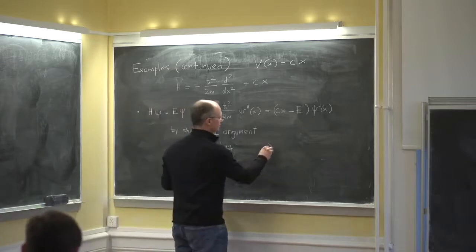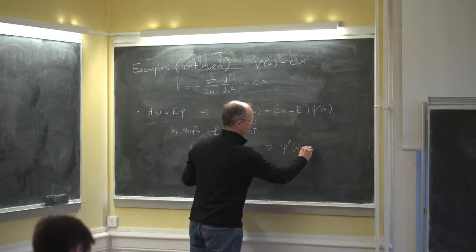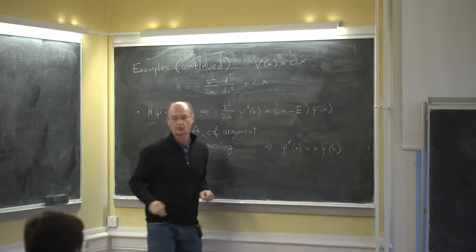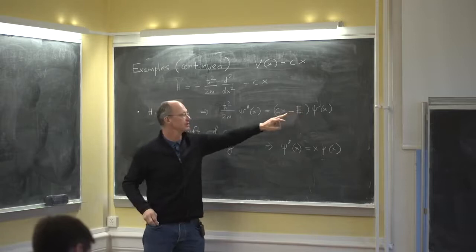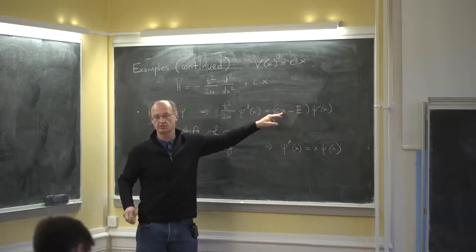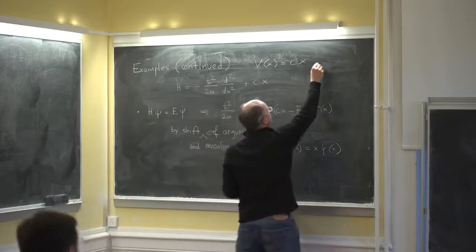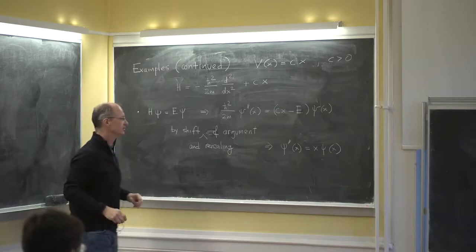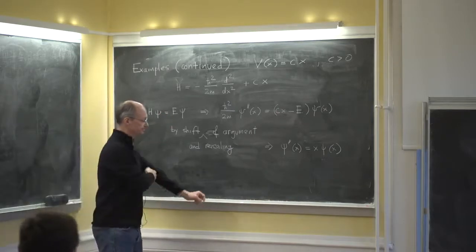So we can simply deal with this equation. So for all values of E, E just amounts to shifting of the argument x. Here I am assuming, for instance, C bigger than 0. C smaller than 0 can also be handled.